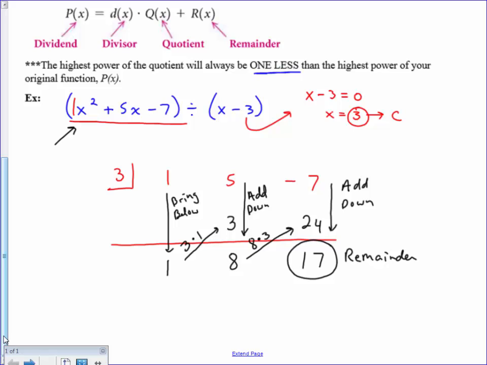Notice that the degree of my original polynomial was equal to 2. These values represent the coefficients on my quotient. The degree of this polynomial will always be 1 less than whatever degree you have here, so this degree would be 1.